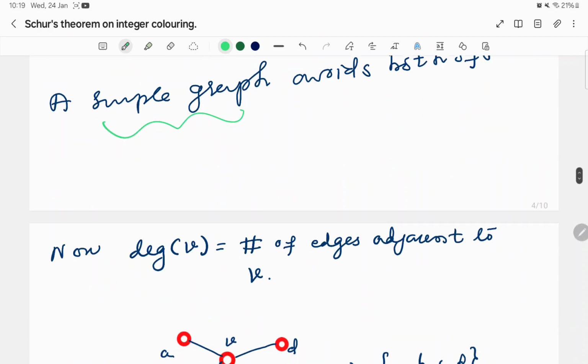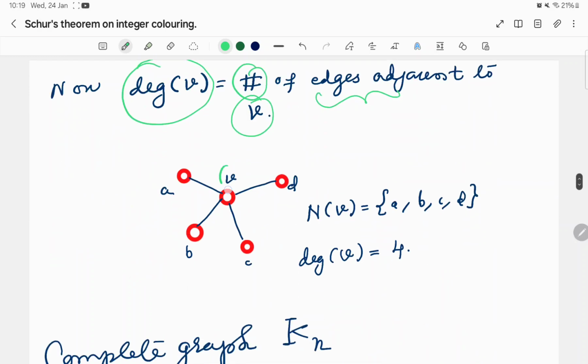Now let us define a quantity called the degree of a vertex. That is nothing but the number of edges adjacent to v. For example, here is v and A, B, C, D are the vertices adjacent by an edge. So the neighborhood of v is A, B, C, D, which we call the first neighborhood, directly connected by an edge.